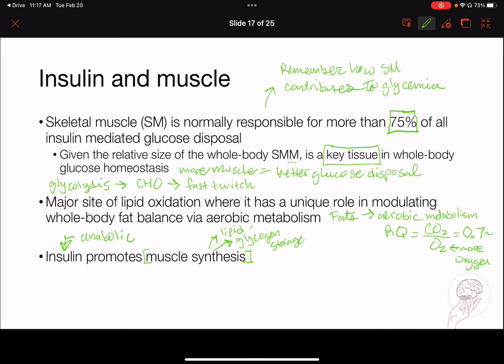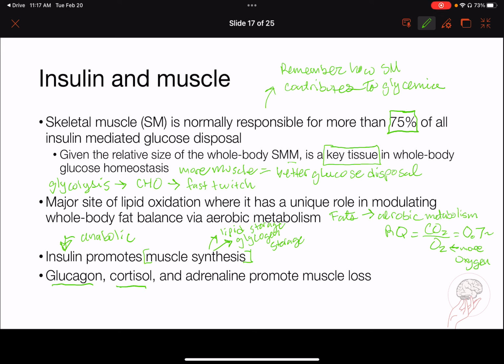Well, lipid storage, I guess, is a better way of saying it. On the other hand, glucagon, cortisol, and adrenaline all promote muscle loss. So these act against, or in converse, to insulin.